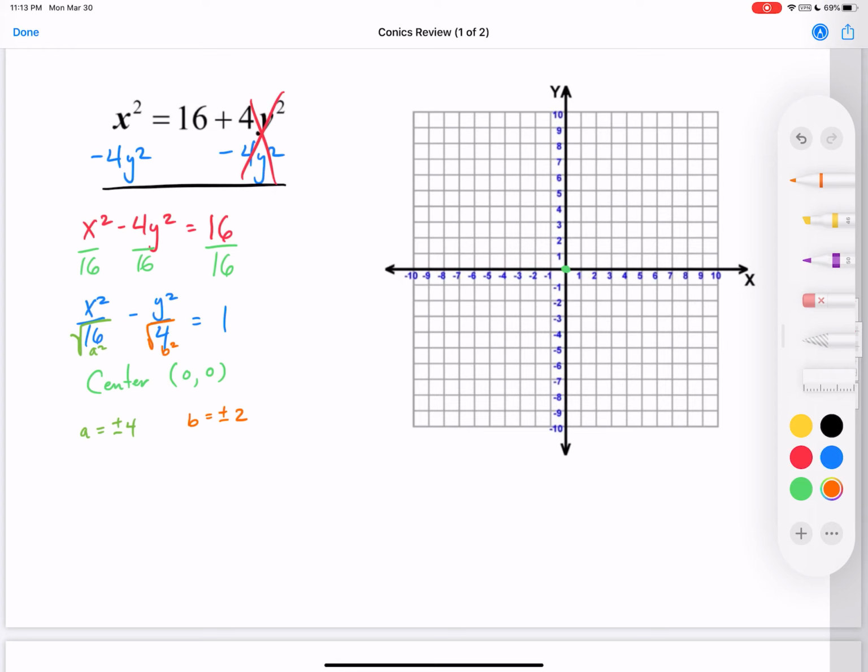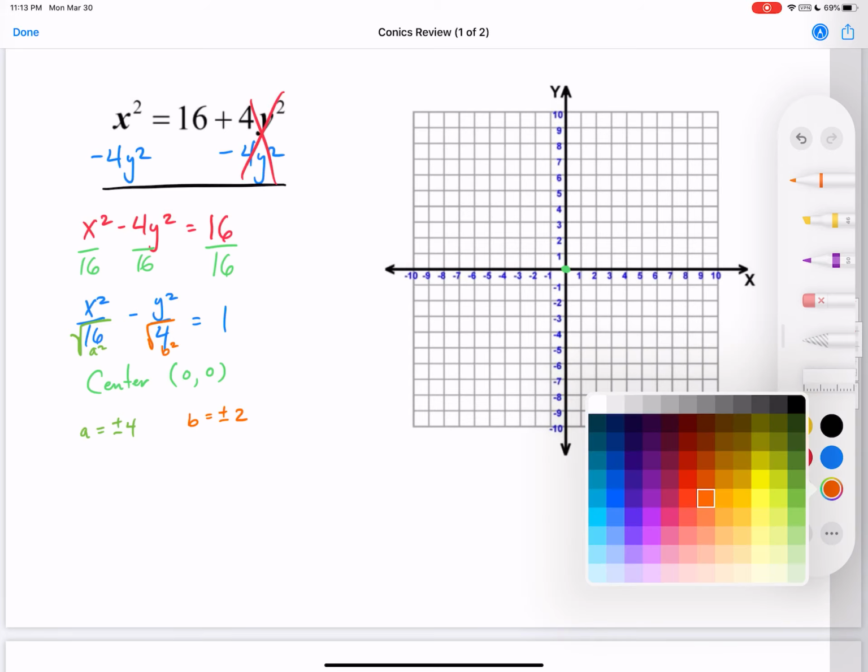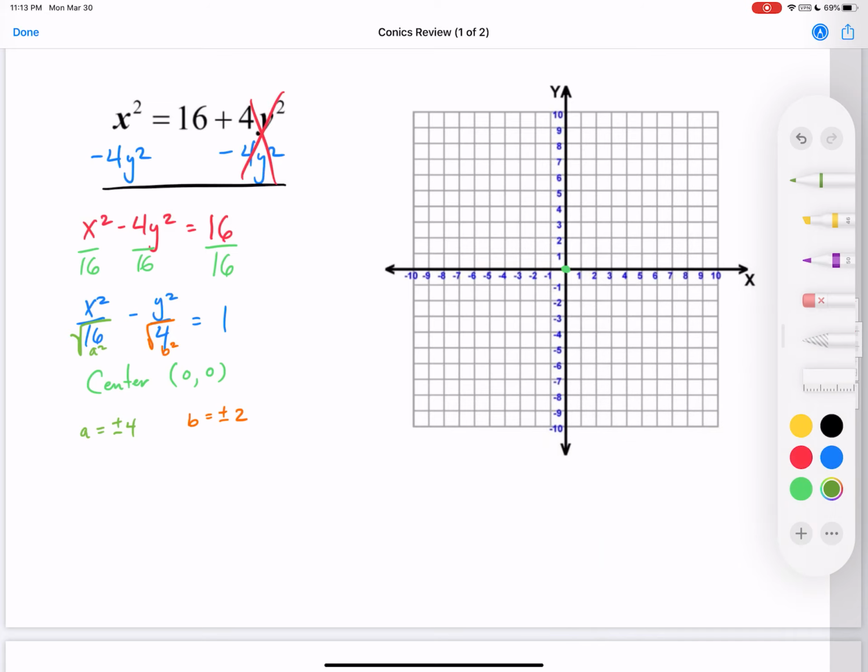I'm going to go ahead and figure out, well, what are these points? So when I take a look at these points, my a value is going to give me my vertices. And because the x value is first, because my x came first, I know that this is a horizontal hyperbola.